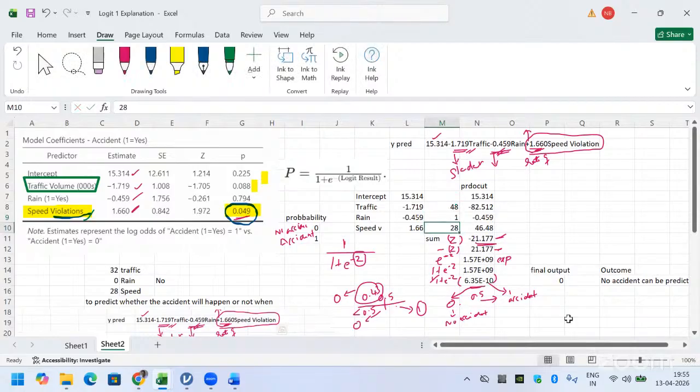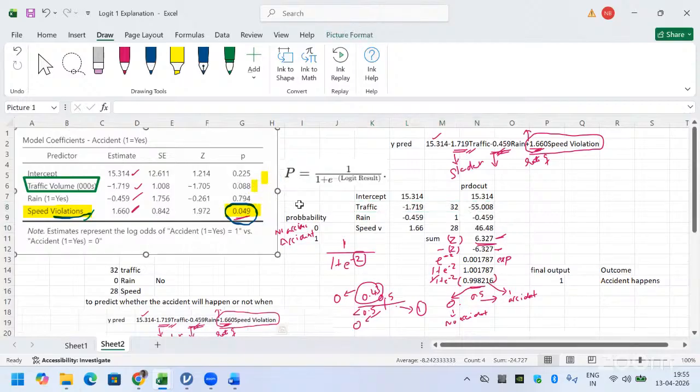Even if rain happens, there is no problem. So this is quite an impacting variable. First impacting is the speed violations, and traffic is the second impacting variable. That is why, though it is 0.088, it is nullifying some of the effect happening for this one. Is that clear?